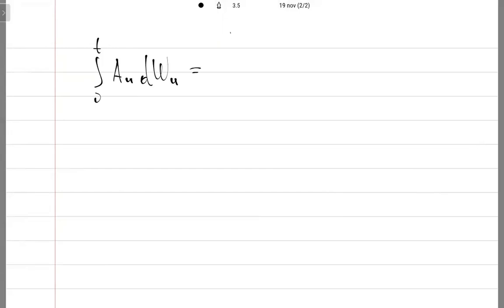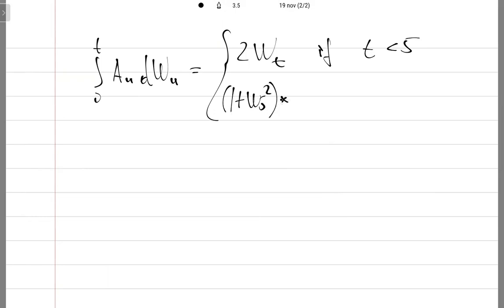I will have either 2 times W_t if t is less than 5, or this big sum: 1 plus W_5 squared times W_t minus, what initial wealth is 0, minus W_5 squared minus 1 times W_5 if t is greater than or equal to 5.